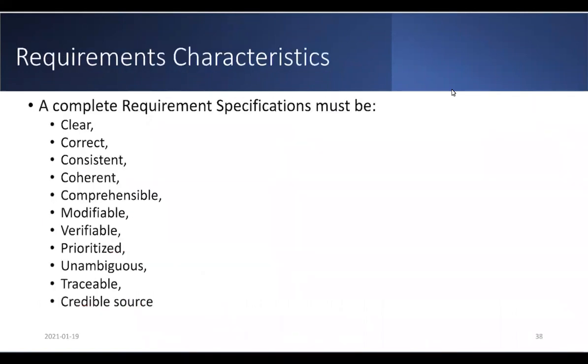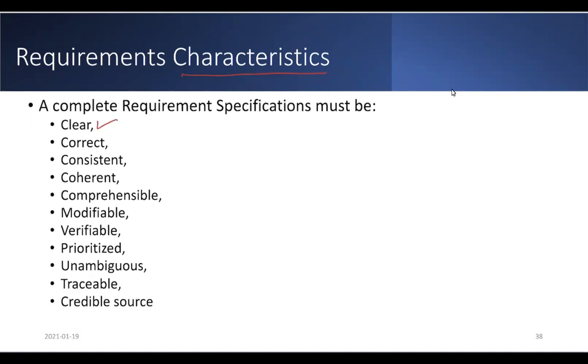Once we have collected those requirements, either at the functional or non-functional level, a complete requirement specification has characteristics or conditions that must be satisfied to guarantee that our requirements are of high quality. These requirement characteristics include clearness.